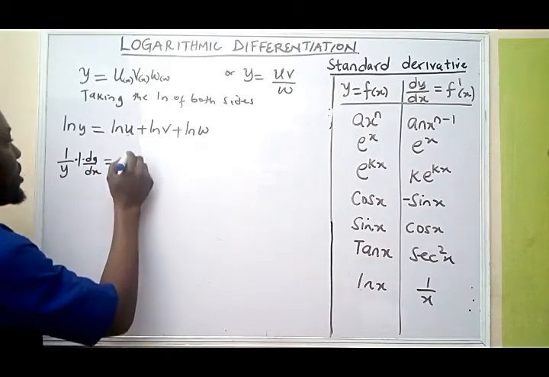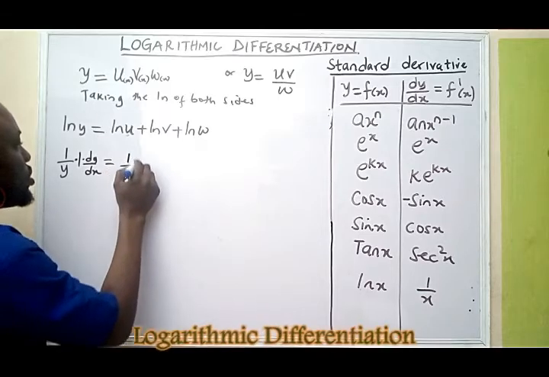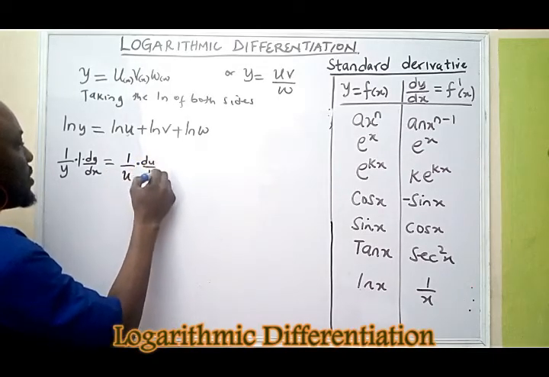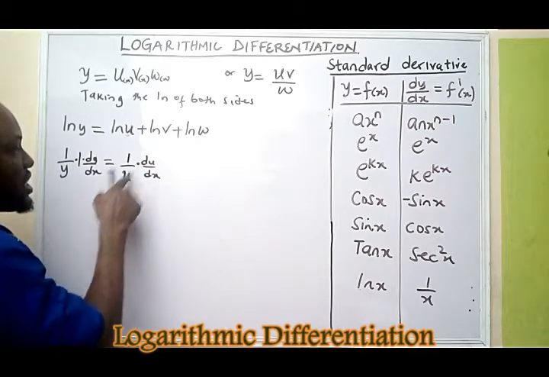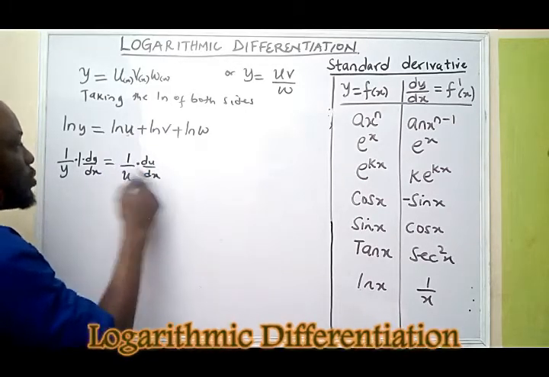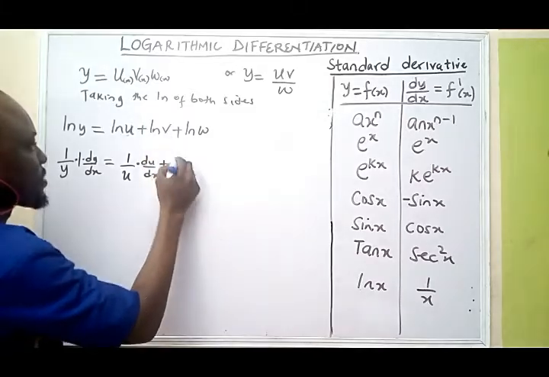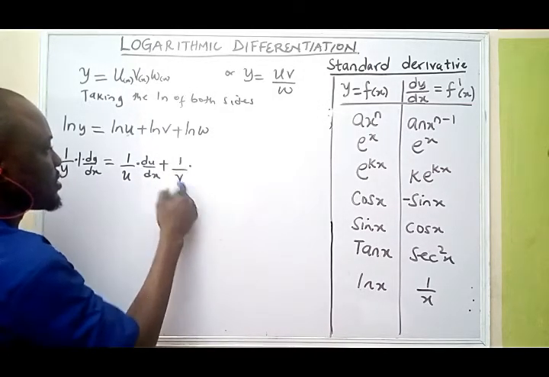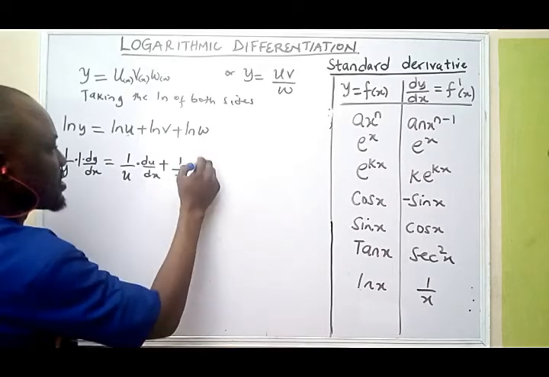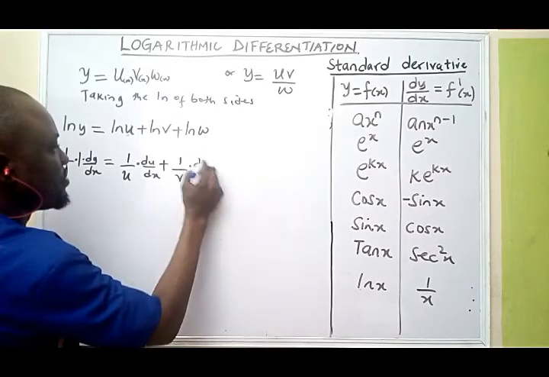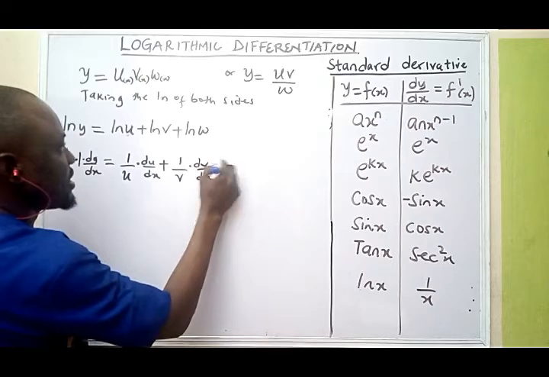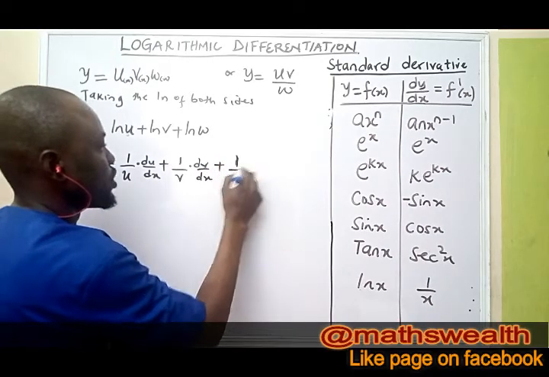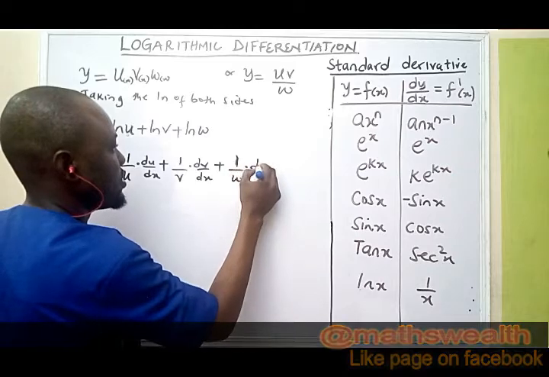So ln u will be 1 over u dot du/dx, meaning I'm differentiating this and multiplying by du/dx, plus ln v is 1 over v dot the derivative of this, dv/dx, then plus ln w is 1 over w dot dw/dx.